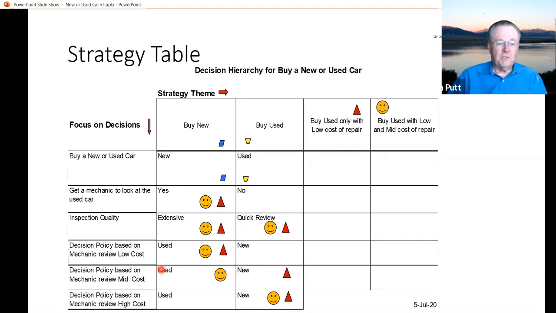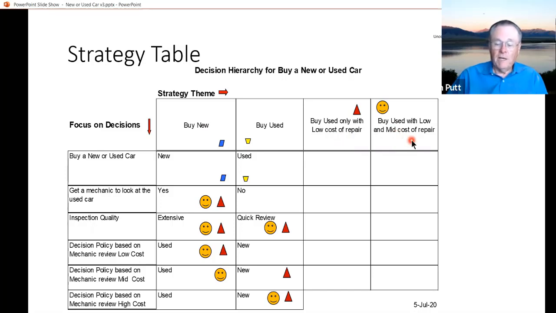So here's my strategy table. I have the option of buying a new car or buying a used car without information. And if I get information, buying a used car only with the low cost of repair, or buying a used car with the low and mid cost of repair.